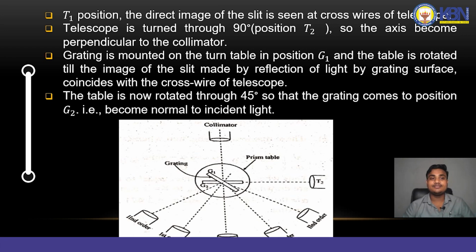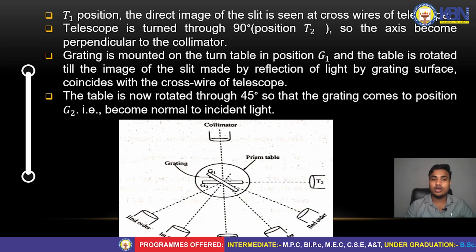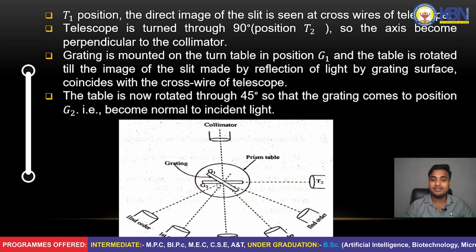In the T1 position, the direct image of the slit is seen at the cross wires of the telescope. The telescope is now turned through 90 degrees, so it is exactly 90 degrees with the collimator. Now the grating is mounted on the prism table at the Z1 position, which makes an angle of 45 degrees with the collimator.